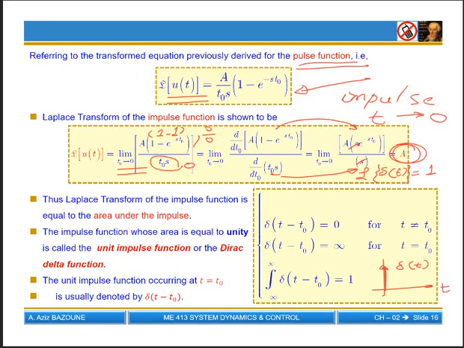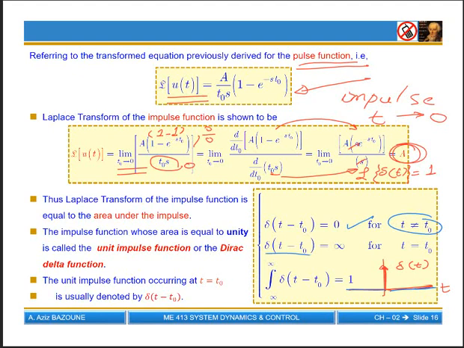So here it is 0, and here it is 0. Let me change the color so you will understand better. So the first one here, if you look, it's 0 everywhere, except at time t equal to 0. The function is 0 when time is different from t0. Always 0. 0 here and 0 here.